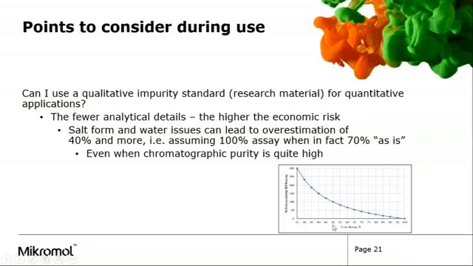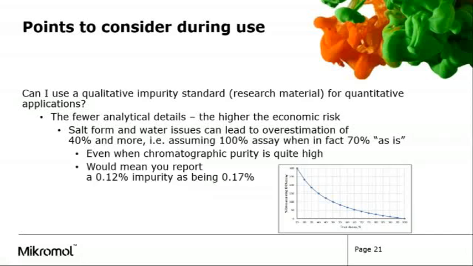If we go to an extreme example at, say, a true assay of 50%, now you would overestimate by a factor of 2, or your error would be 100%, in assuming that this true assay was 100%. And in the example shown here, where the true assay is 70%, which you can have in the case of some salts, and you assume that to be 100%, your error will be over 40%.